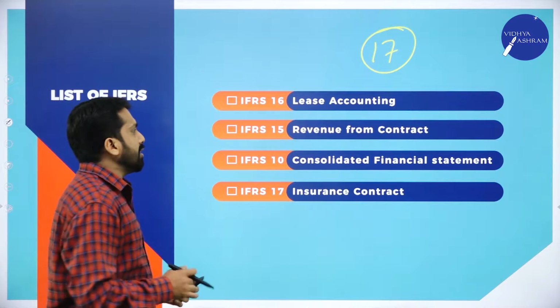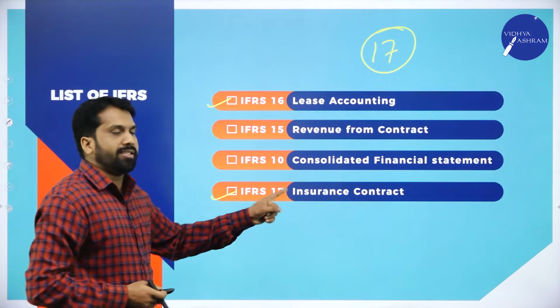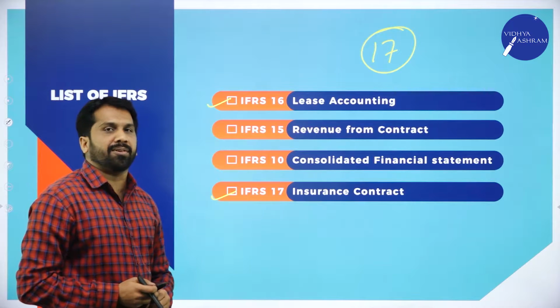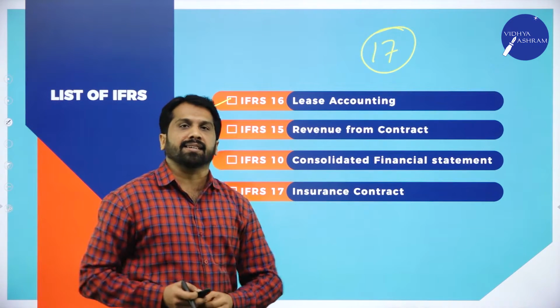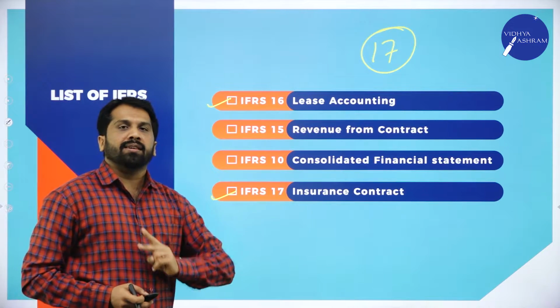So my suggestion, go with this one and this one. Insurance you can remember. IFRS 17 insurance contract, IFRS 16 lease contract. Done. Easy to remember. Any 2 you have to remember.